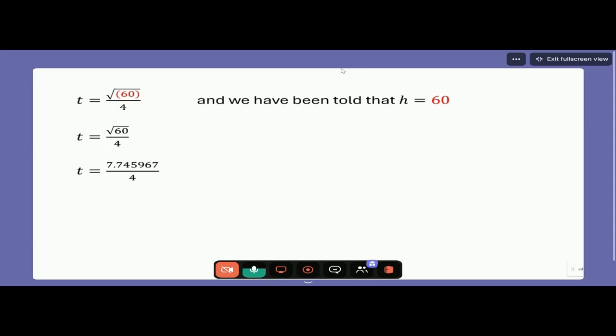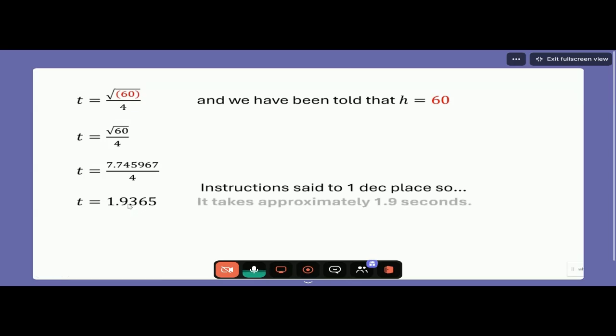And now we're going to take that number and divide by 4, which gives us 1.9365, and the instructions said to take it to one decimal place, so we are going to round that. We look at the digit after the 9. It is smaller than 5. We ignore everything after that, so that is going to round down to 1.9. So it's going to take Danny's watch about 1.9 seconds to hit the ground.